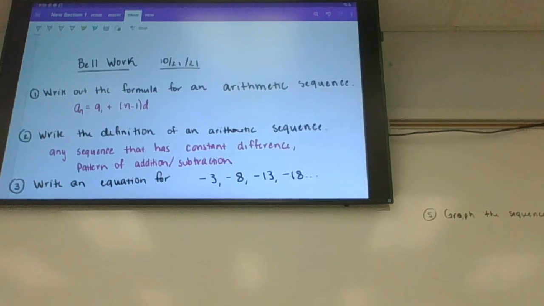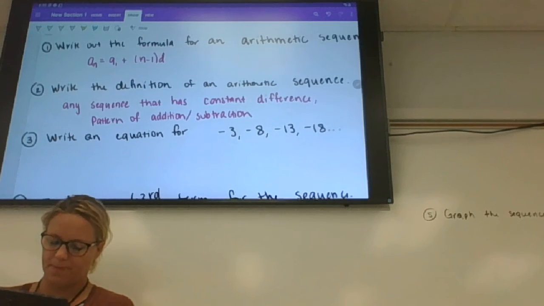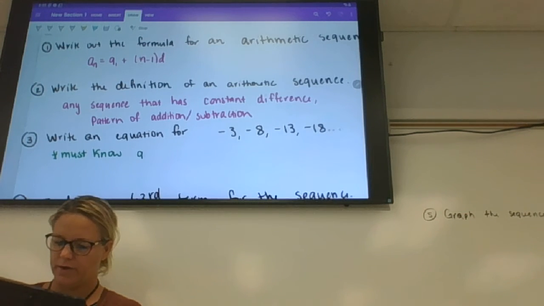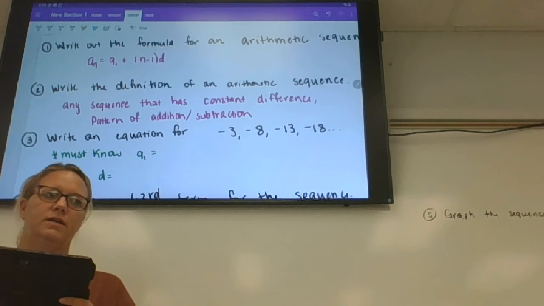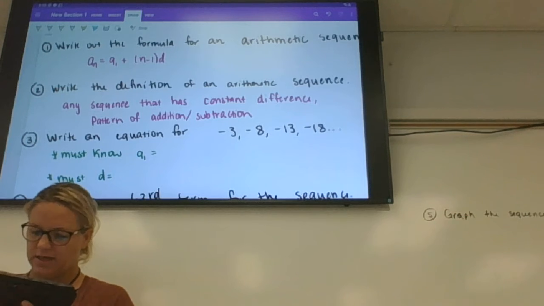Okay, so if I want to write an equation for a sequence, I must know A1 and I must know the common difference. So what's A1 in this sequence? -3.